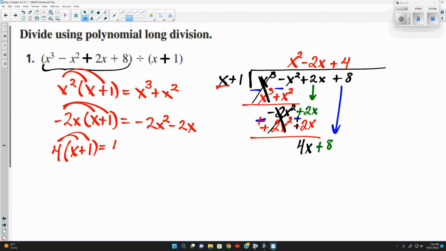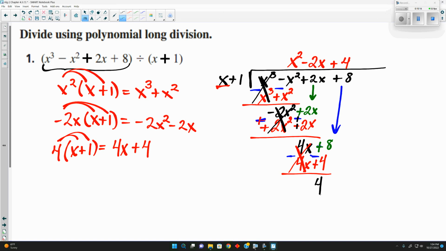Well, 4 times x is 4x, and 4 times 1 is plus 4. And then we'll subtract. 4x minus 4x is 0. They cancel out. And 8 minus 4 is 4.